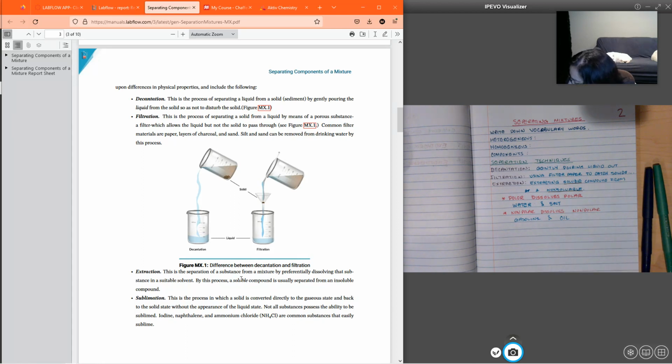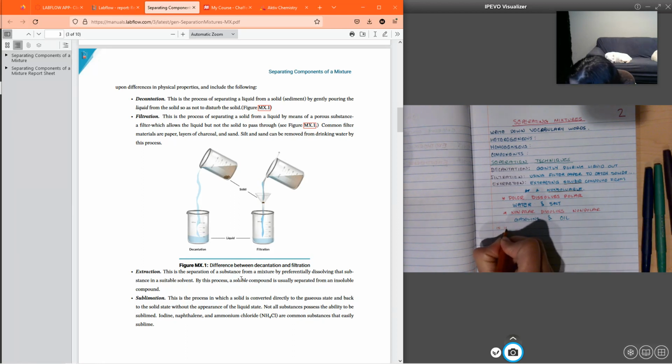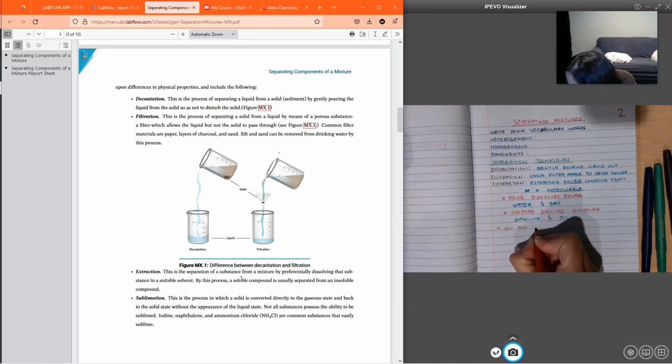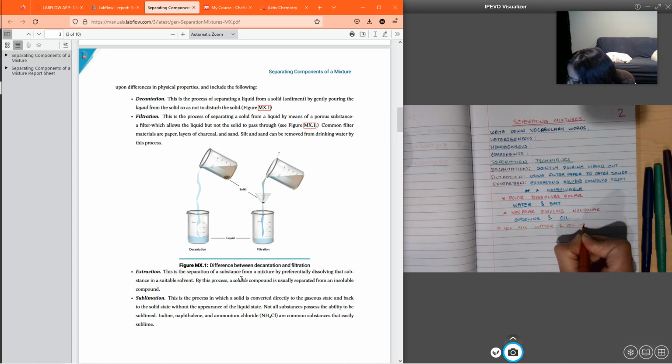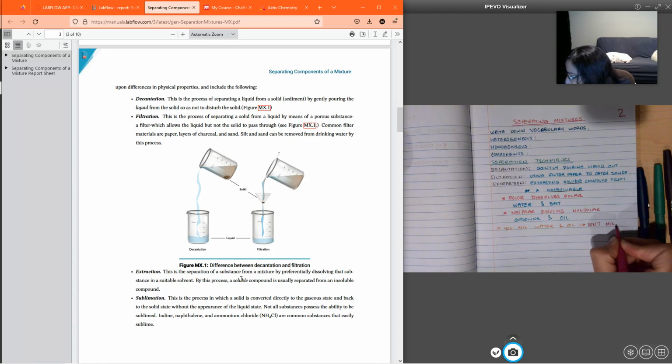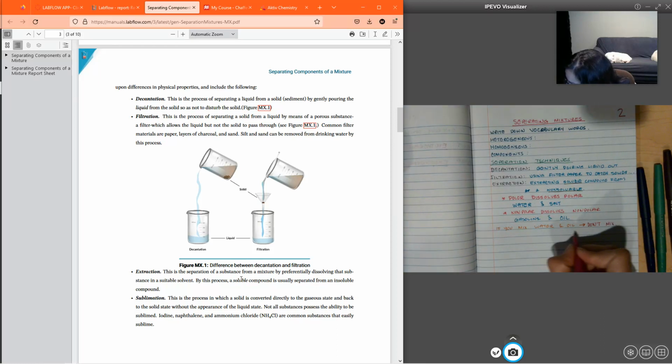If we were to mix water and oil, guess what happens? They don't mix. They're non-soluble. So in other words, this is non-soluble. And we could actually extract the oil from the water. Okay?